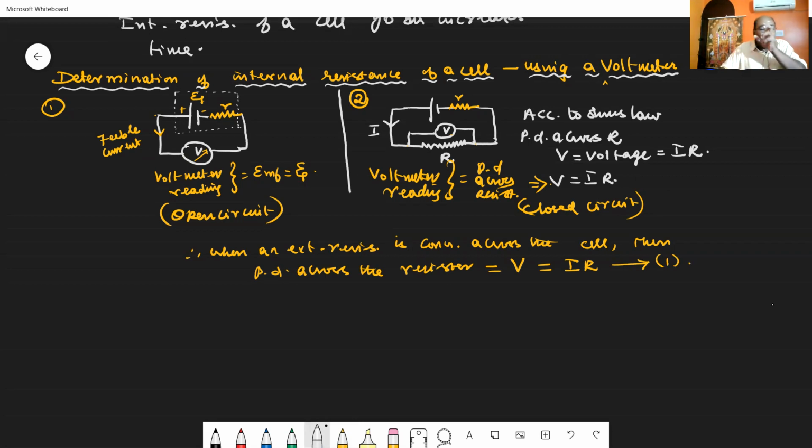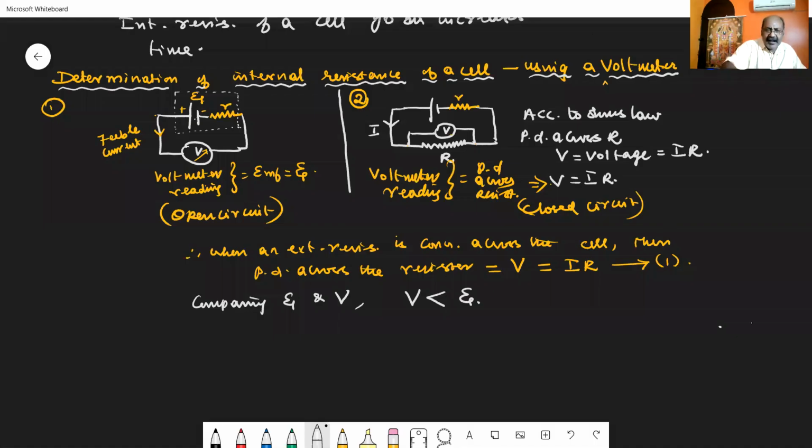Now compare this potential difference across the resistor in the second case with the EMF from the first case. When comparing the EMF E and the potential difference V, it was found that V is less than the EMF.